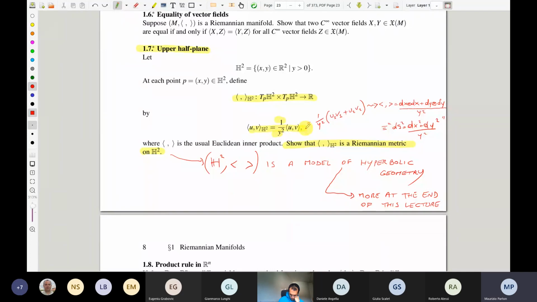This is a very important metric because this is a very nice model, we will see at the end maybe, of non-Euclidean geometry. Okay, it is called the hyperbolic plane.